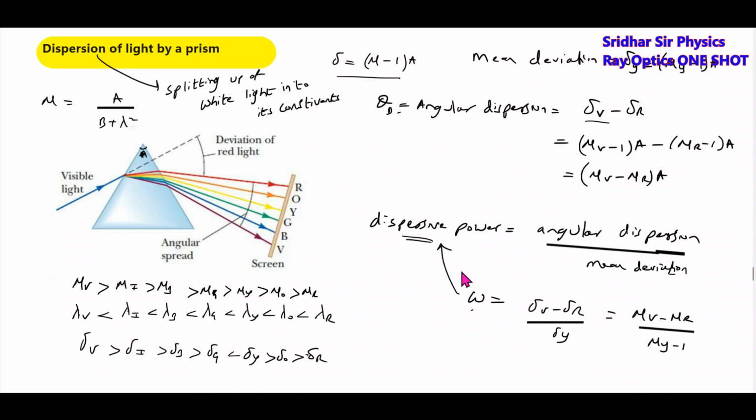Greater the dispersive power, the better the spreading, no overlap, all colors distinct. We need some materials with very high dispersive power, and in some applications the dispersive power should be minimum. Like this, we design optical instruments. These are some technical things which you should know.